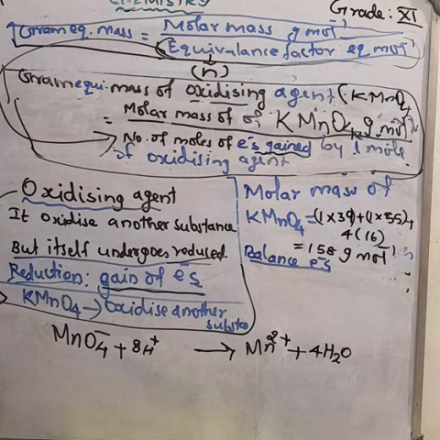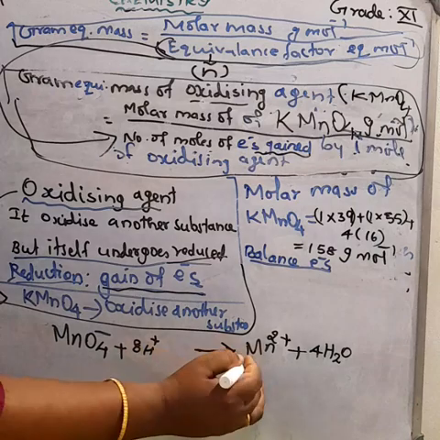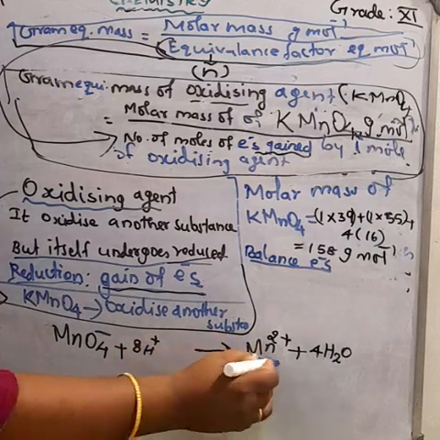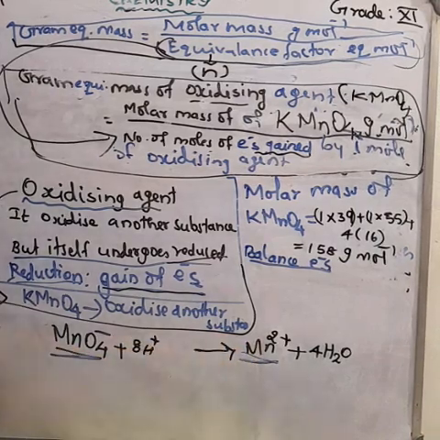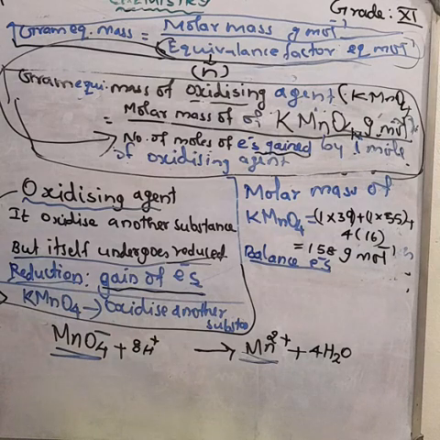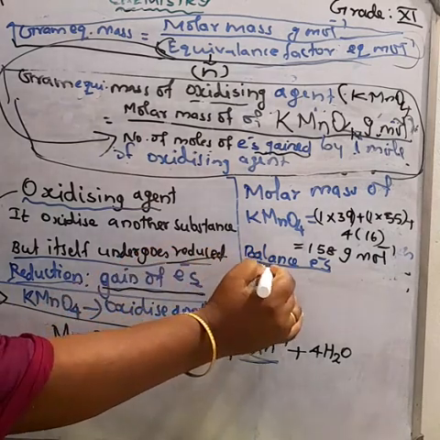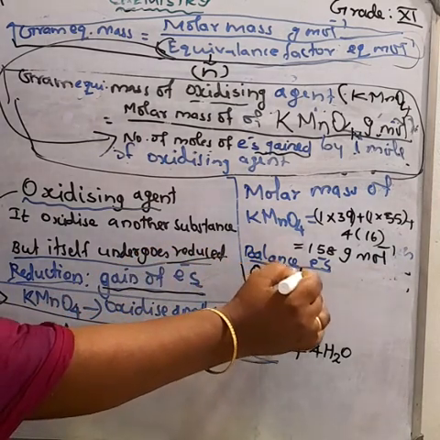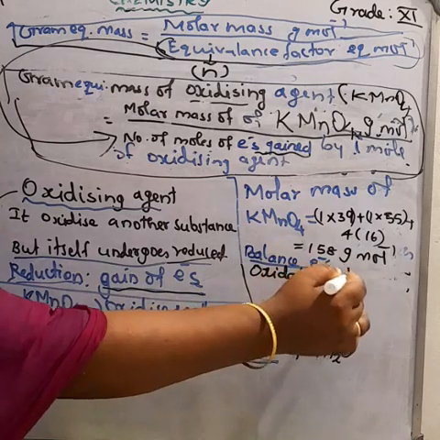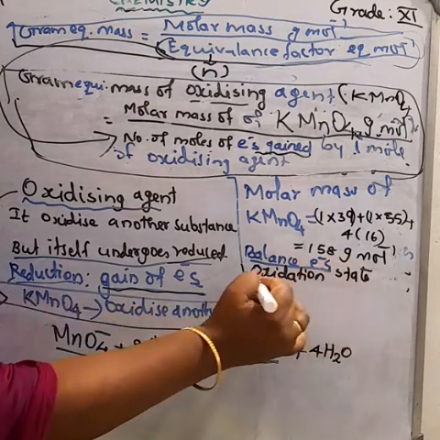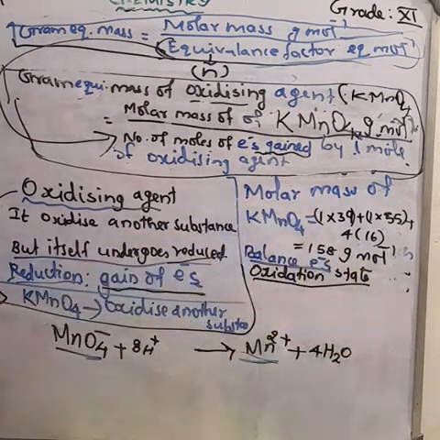Here we have MnO4 minus and Mn2 plus. For MnO4 minus, we have to calculate the oxidation state of manganese. How do you calculate the oxidation state? For that, you should know the oxidation state of some common elements. What is the oxidation state of oxygen?